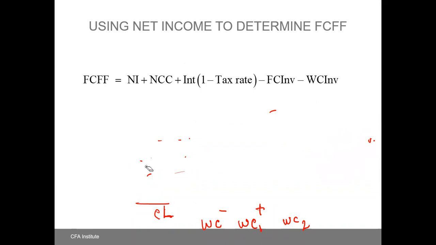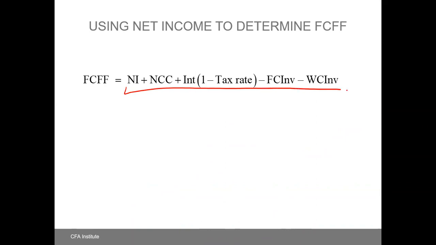If you think of the conceptual definition of the free cash flow to the firm, this will be very straightforward in your mind. But without understanding the conceptual background of this, you'll not be able to get this.